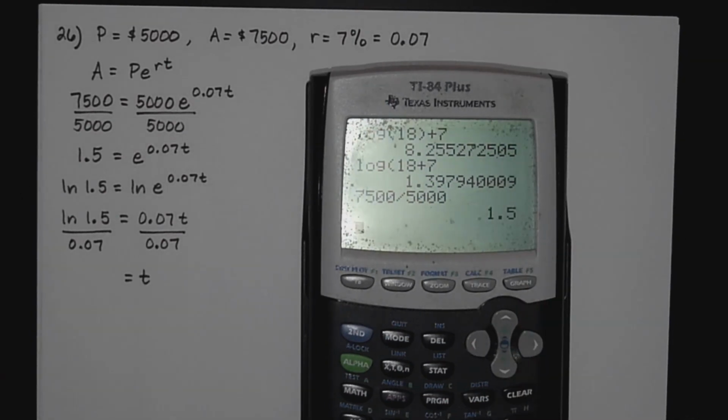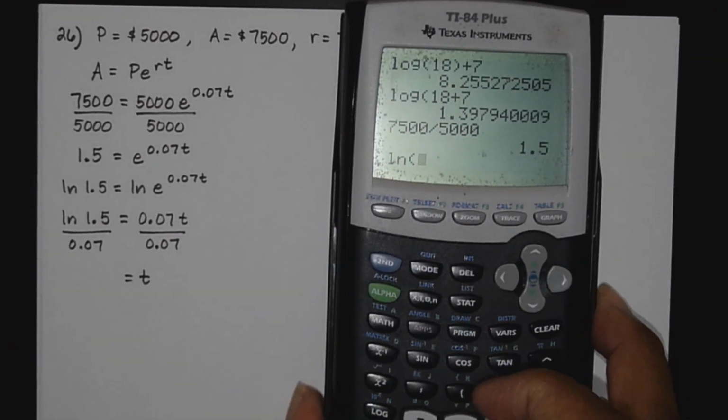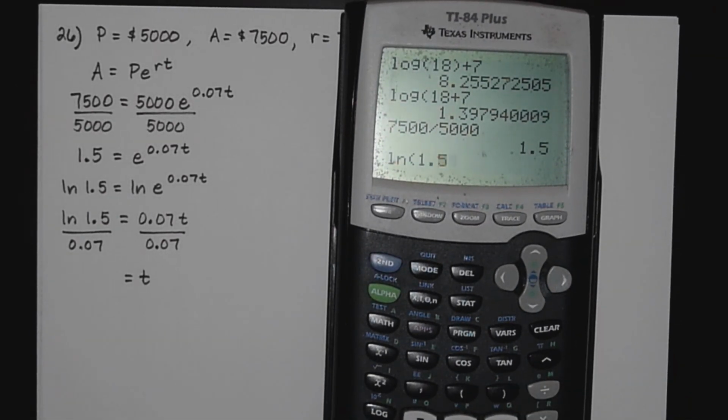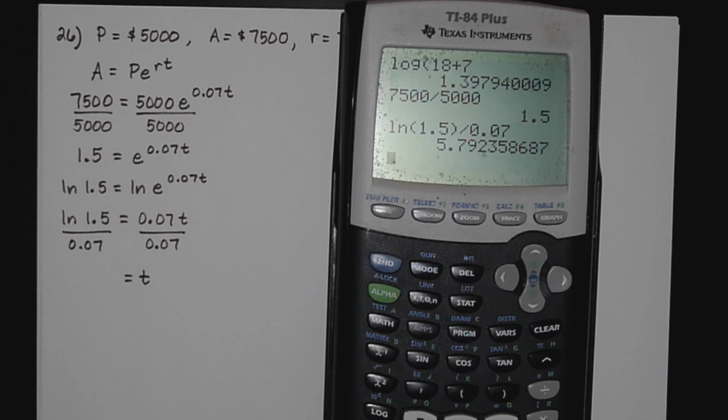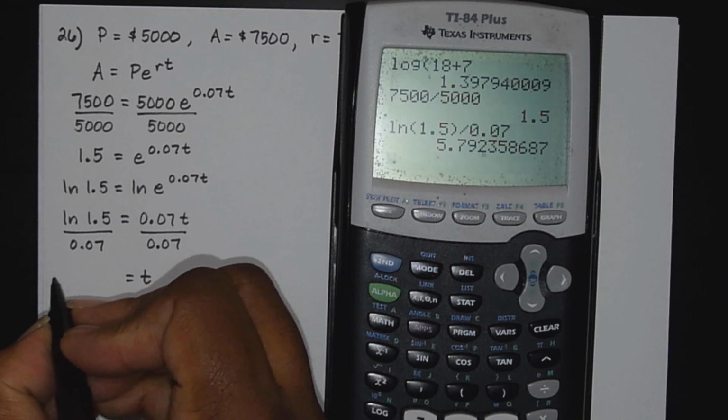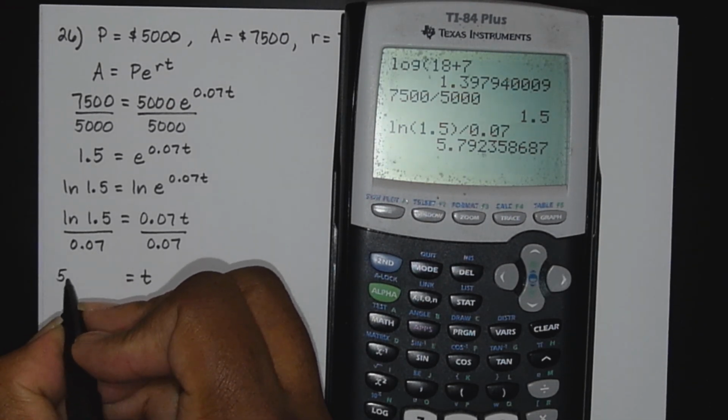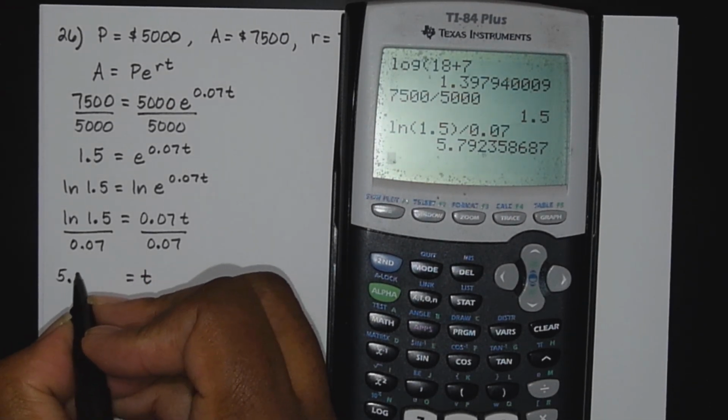So in this case here, if I type in ln, and then 1.5, close parentheses, divided by 0.07. So to one decimal place, what would t be equal to? 5.8.